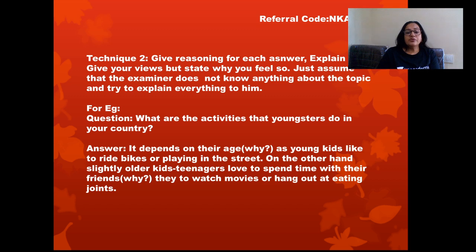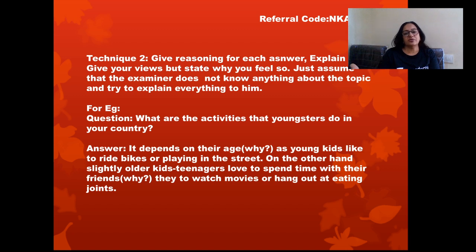You can give your views, but state why you feel so. As I said, you should state why you feel so after giving the views, and just assume that the examiner doesn't know anything about the topic and you are explaining it to him. You have to assume that whatever the question the examiner has asked, the examiner is totally unaware of it.